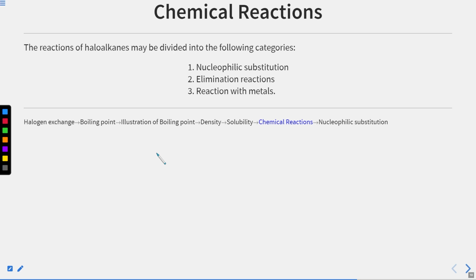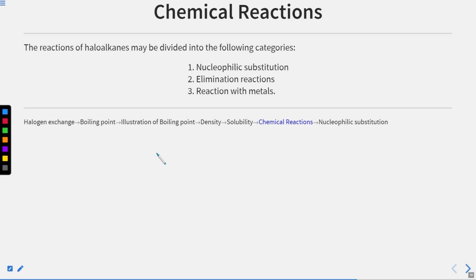So the first one is nucleophilic substitution. You have to understand the term nucleophilic here. Nucleophilic means a nucleophile comes and attacks a target molecule and replaces that part, or you can say it gets attracted to an electrophile. Now what is a nucleophile? For those who are unaware, a nucleophile is something which is attracted towards a positive charge, so it should have a negative charge.